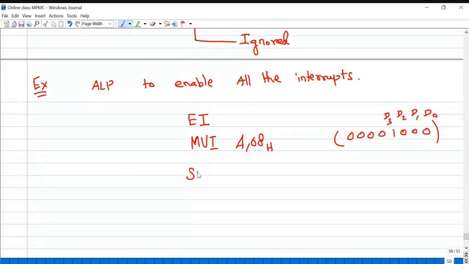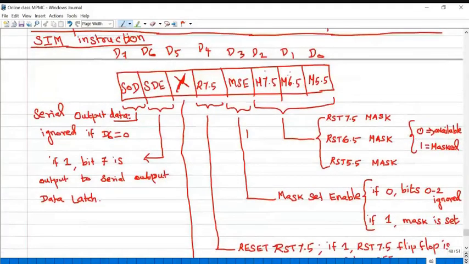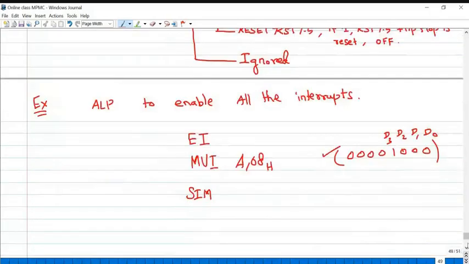When you execute the SIM instruction, the microprocessor reads the accumulator content. Now check D0, D1, D2: 000. So RST 5.5, 6.5, 7.5 are enabled. They are not masked. That is the meaning.